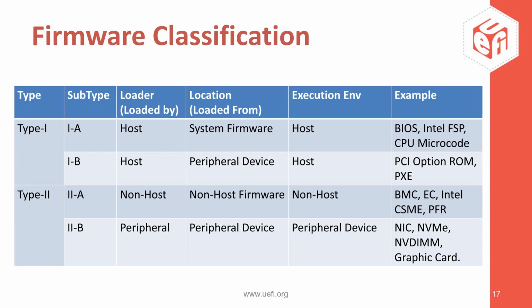It's in the peripheral device and executed inside of the peripheral device, for example, the network interface card, NVMe storage, NVDIMM storage, graphics card, etc. We give this classification because there might be different strategies to collect information for those types of firmware.